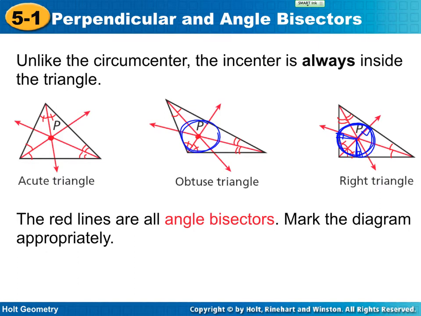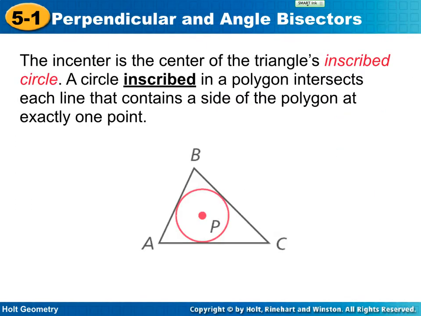Ready to see an incenter or inscribed circle? Put your markings on those angles so you know that you were drawing angle bisectors. Maybe even put the word angle bisectors by those.